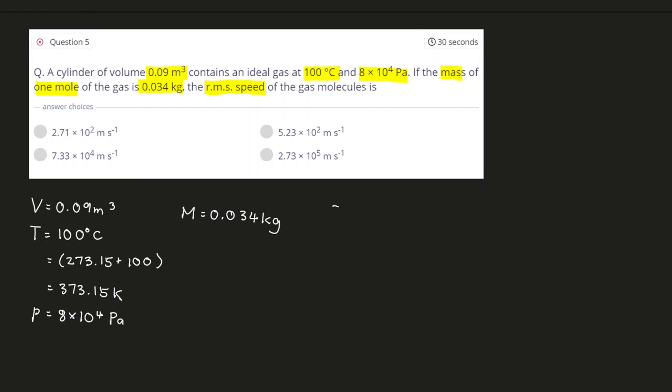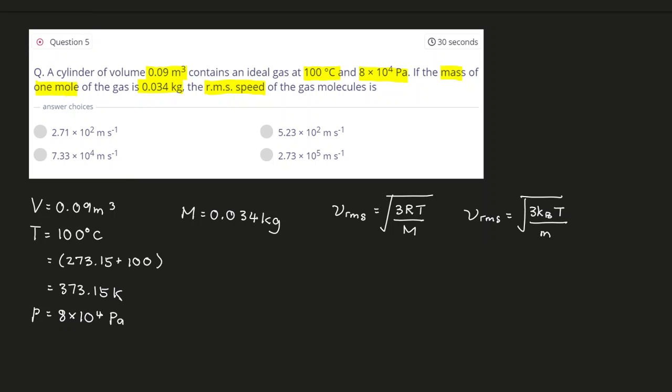So this should be a relatively direct question. VRMS speed, you know that there are 2 formulas that can relate it to temperature. It's either the square root of 3RT over big M, the molar version, or VRMS equals the square root of 3 kBT over the mass of 1 molecule.